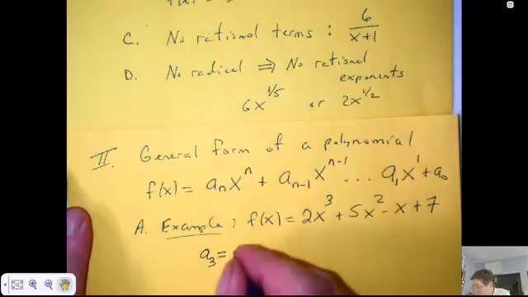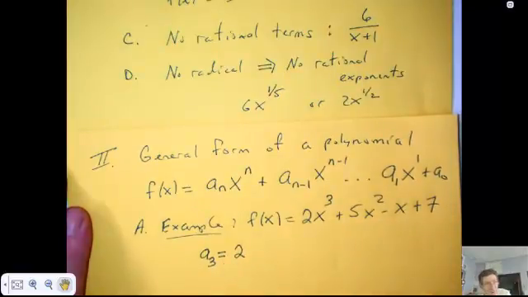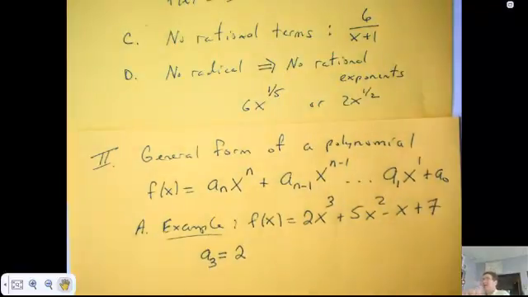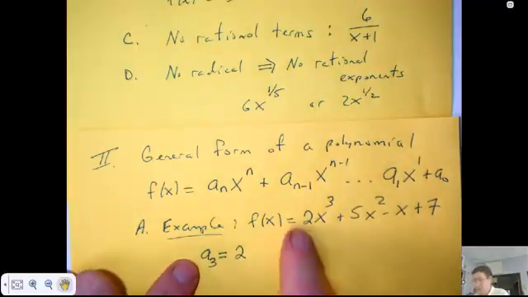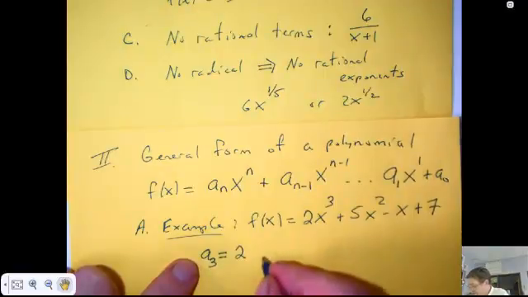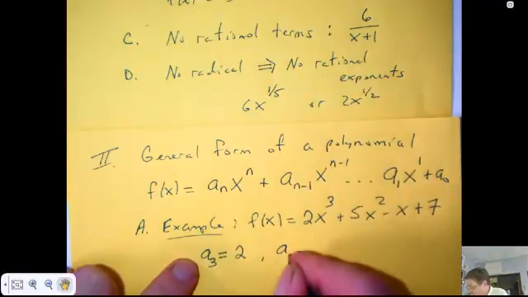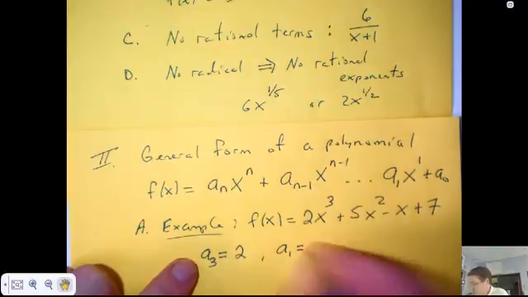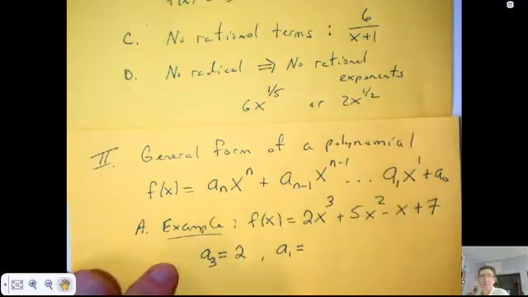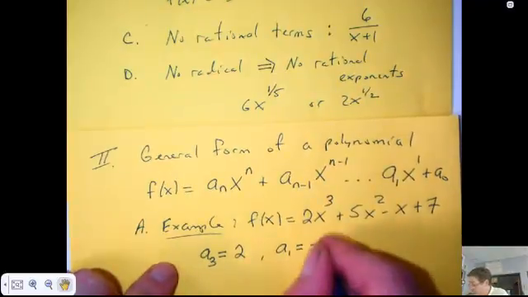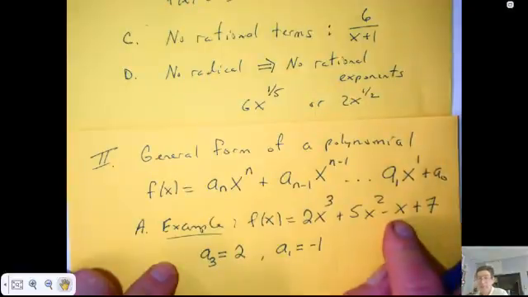A sub 3 is 2, right? Because this is how we're doing things. Sometimes I know when you first do this, it looks really complicated. It really isn't. It's just the way we're numbering things. A sub 3 is the coefficient in front of the cube term, right? Just like saying a sub 1 would be what? -1. Good, yeah. It's the coefficient in front of the linear term.